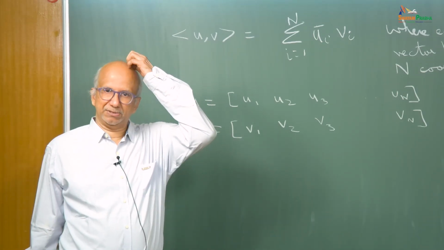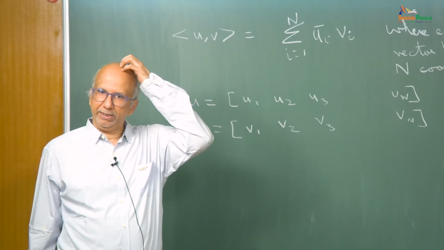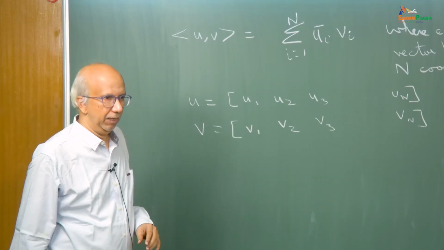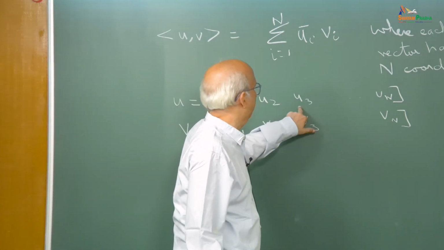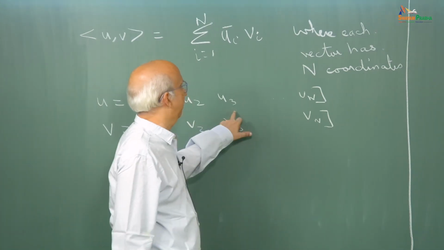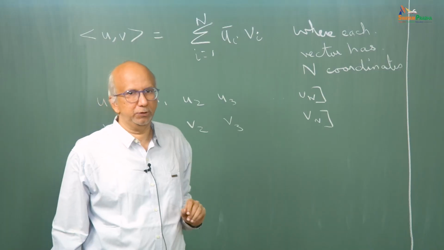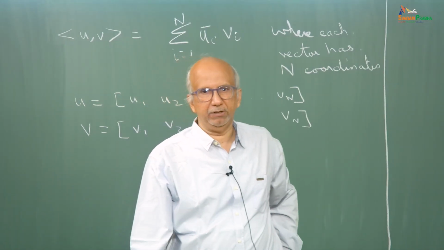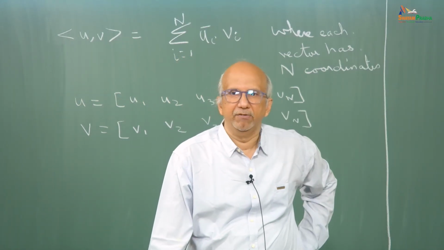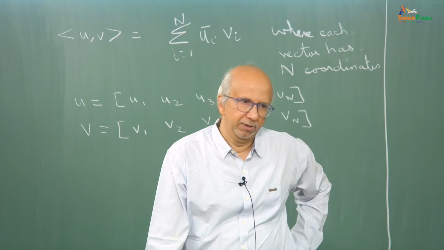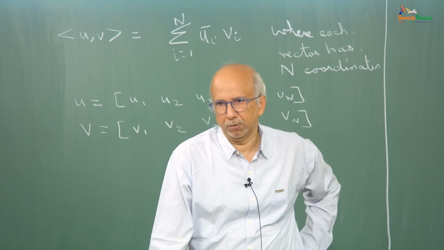So, subscripts that I am using denote the coordinate, the first coordinate, second coordinate, third coordinate, or first element, second element, third element. We had to introduce this complex conjugate to make sure that we cover vectors which can also have complex elements. Okay.